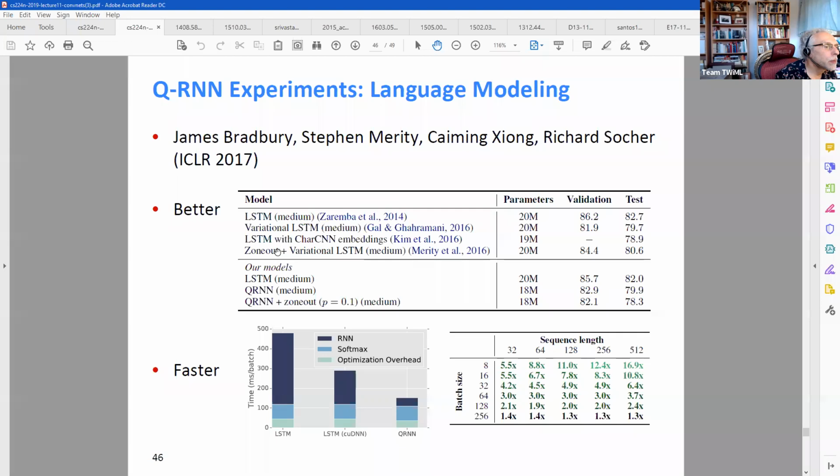So this is the models from this paper, and they get scores between 78 and 82. They're saying that the QRNN at least performs equivalently or better than the LSTM, and it's much faster. So that's the takeaway for QRNNs.